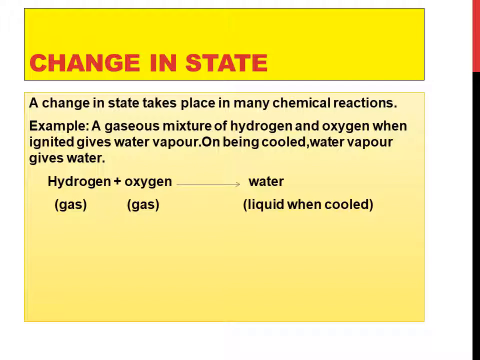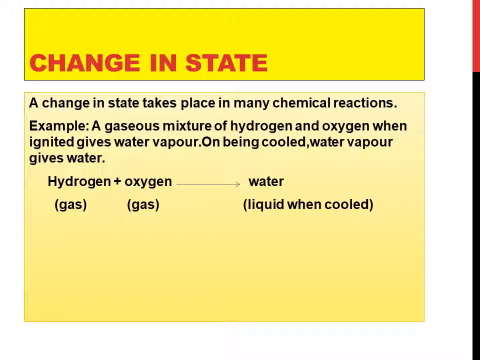So there is a change in state. Hydrogen, which is a gas, reacts with oxygen, also a gas, to give water. Water, you already know, is liquid in nature. So the reactants were gaseous, but the product is liquid.